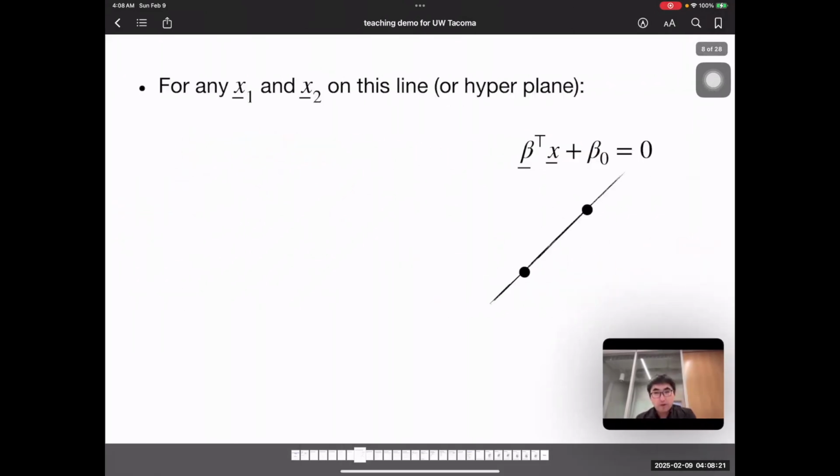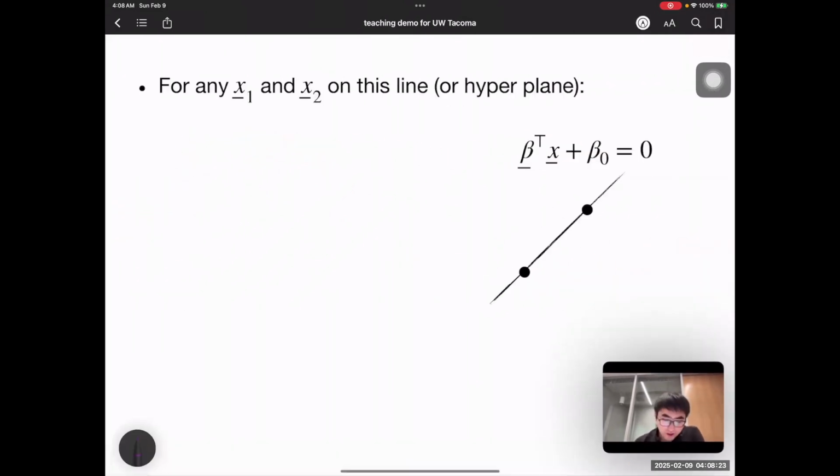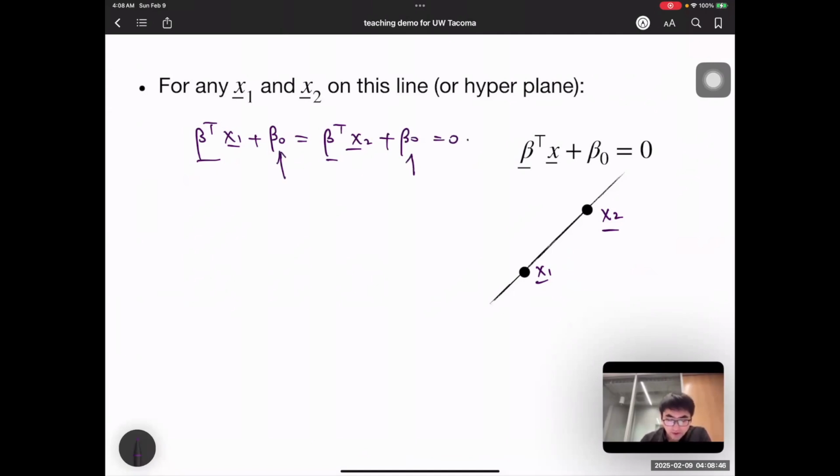For the second property, we take a look at two different points on this line, x1 and x2. Because both of them lie on this line, we have this equality. Now let's remove those common factors, and with some further simplification, this is our derived result.